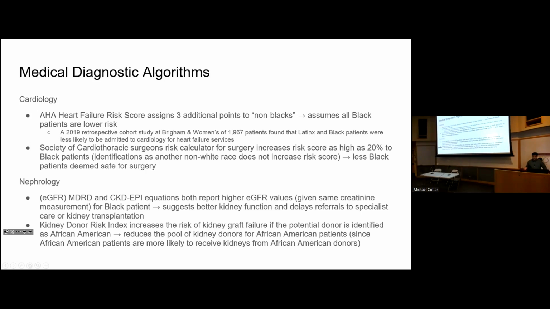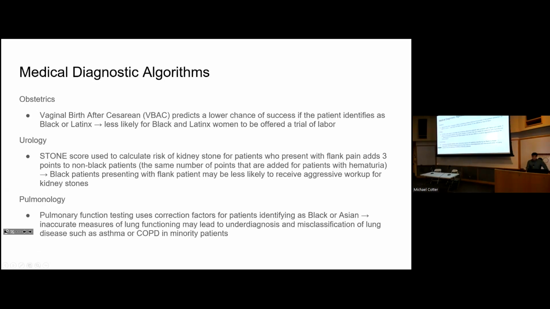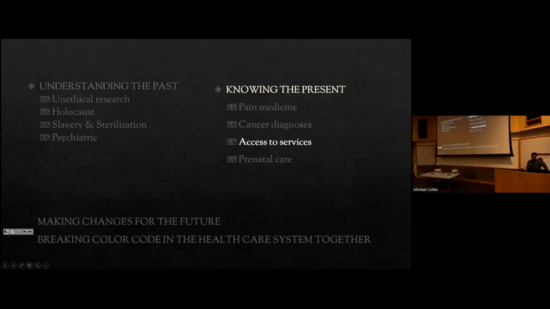In nephrology, we learned that Black patients have reported higher GFR values, which suggest better kidney function and delay referrals to special care or kidney transplantation. We will further explore prenatal care and how that's affected by racial bias, as well as urology and pulmonology. I'd like to speak more about, in general, healthcare access to services.